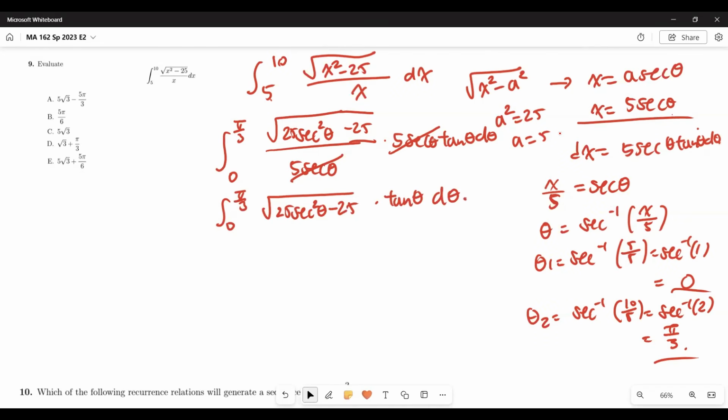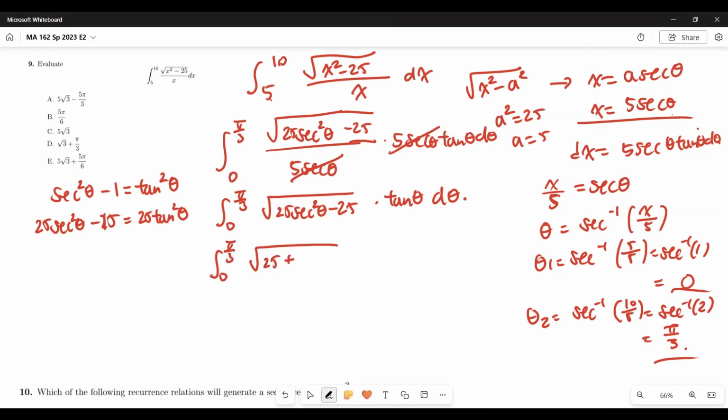If you remember your trig identities, which you should for this midterm specifically, secant squared theta minus 1 is equal to tangent squared theta. So 25 secant squared theta minus 25 is equal to 25 tangent squared theta. So this is 0 to pi over 3, 5 tangent theta times tangent theta d theta, so 5 tangent squared theta d theta.